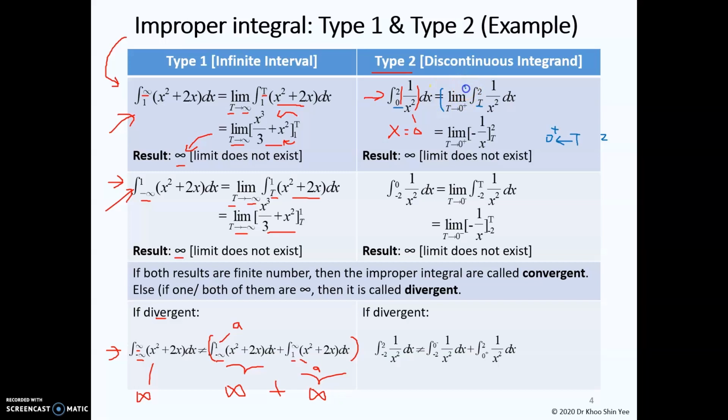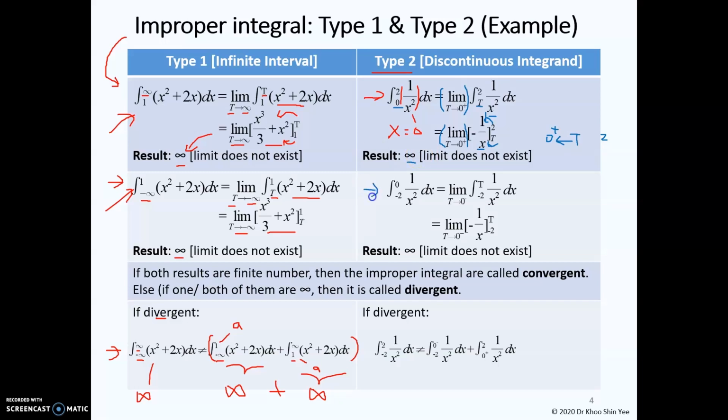Therefore, you can take this limit. So we solve the integration here, and you should obtain this, and you substitute the upper and lower limit inside and take the limit.